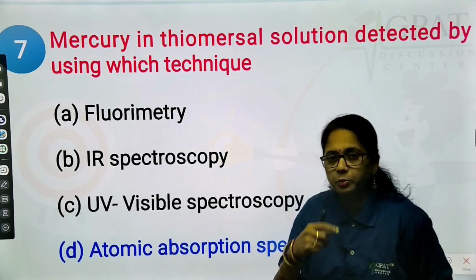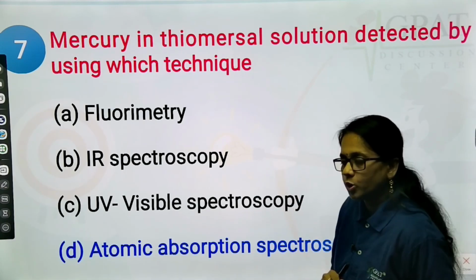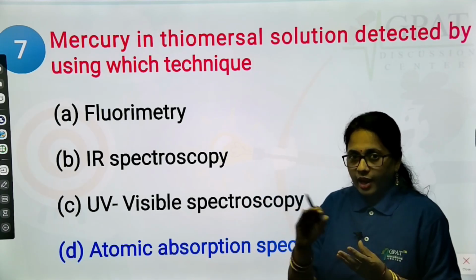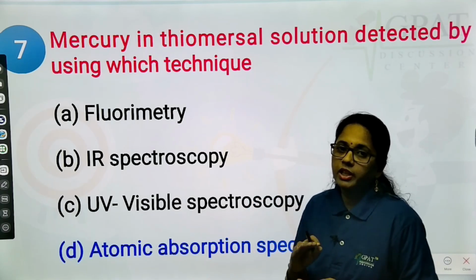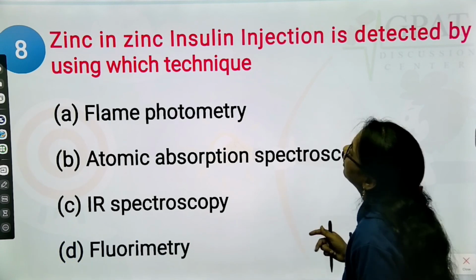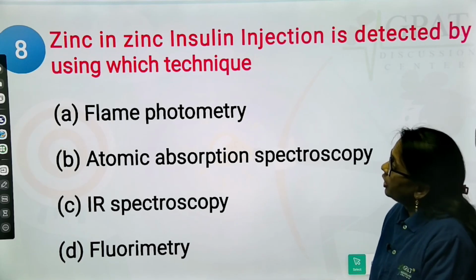The entire molecule is determined by these three techniques, whereas in atomic absorption spectroscopy, the atoms at the ground state and excitation are involved, right.